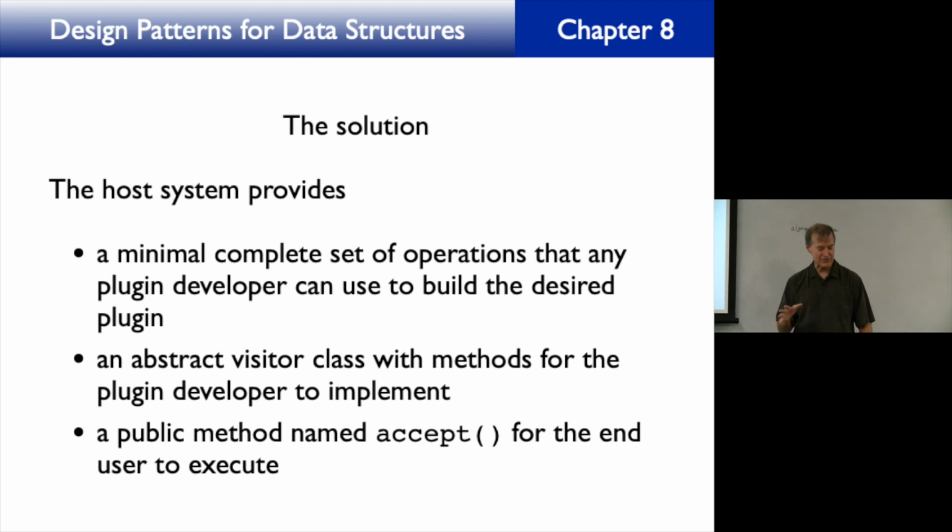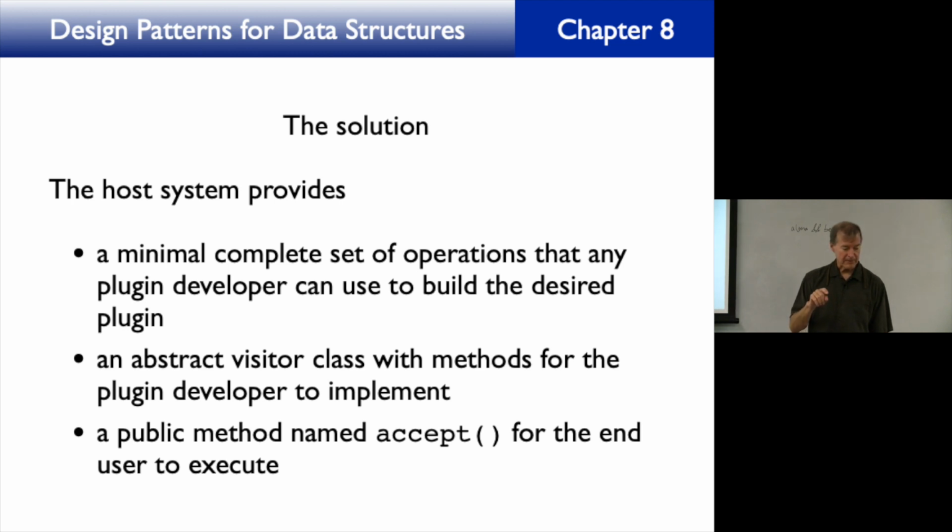So all of this is review. And furthermore, the host provides an abstract visitor class. Who is the abstract visitor class for? When the host provides the abstract visitor class, is he providing that for the user or for the plugin developer? The plugin developer. Right?